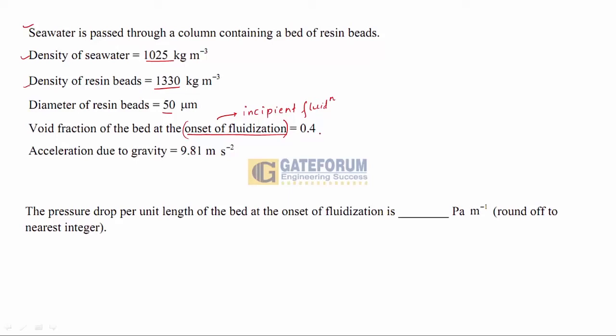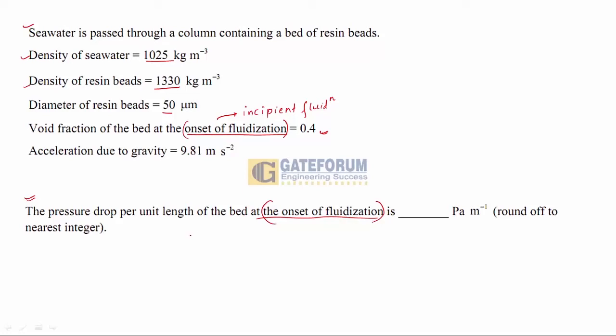Okay, at that point the void fraction of the bed is 0.4. Acceleration due to gravity is given. Now what we have to calculate is the pressure drop per unit length of the bed at this condition of incipient fluidization.